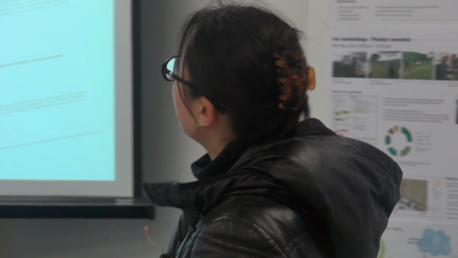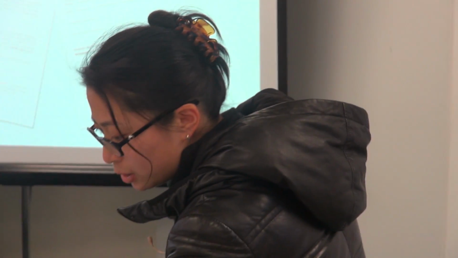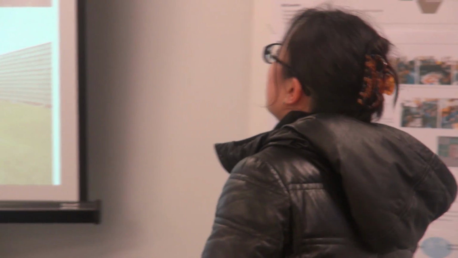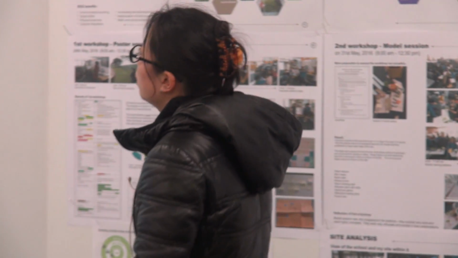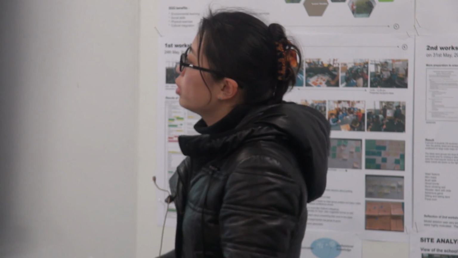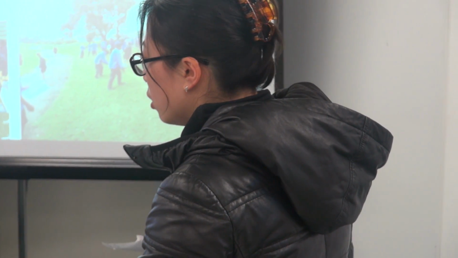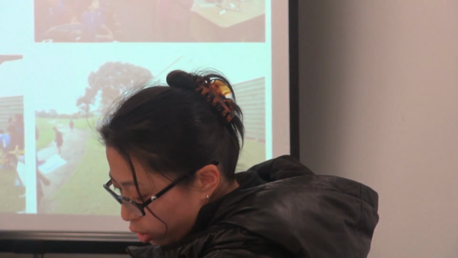So after this, I did the ethics application because I work with children, so I needed this part. And the following week, I ran my first workshop on the 21st of May. I gave the general background information, my design principles, my design brief, and the site, how to survey the site, and showed all the pictures.